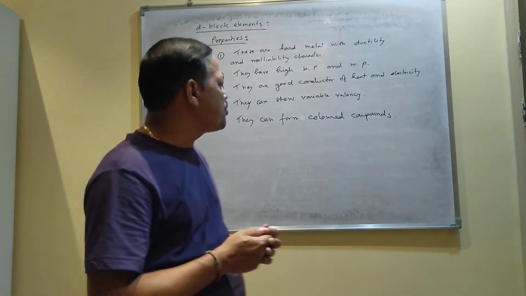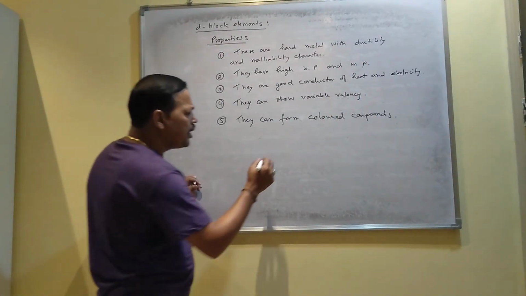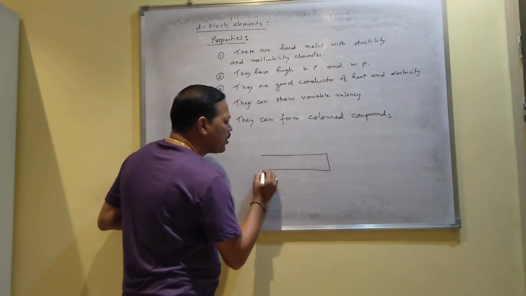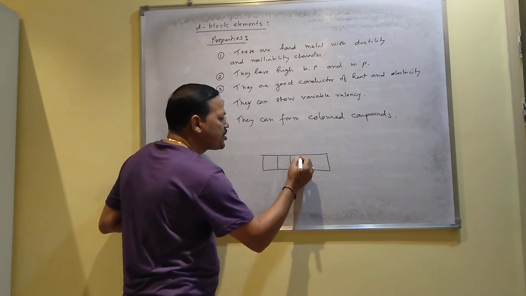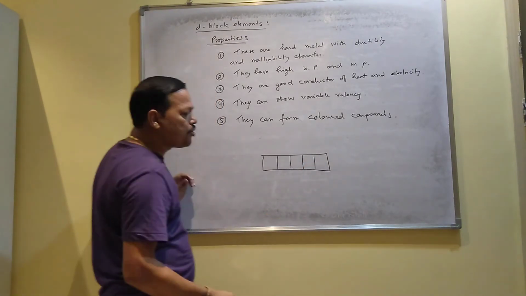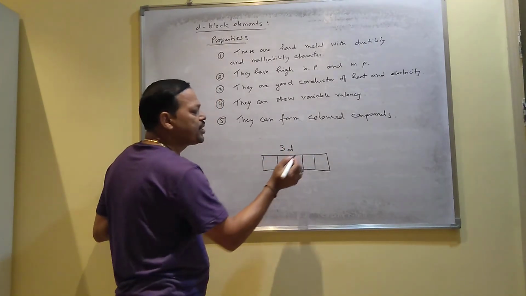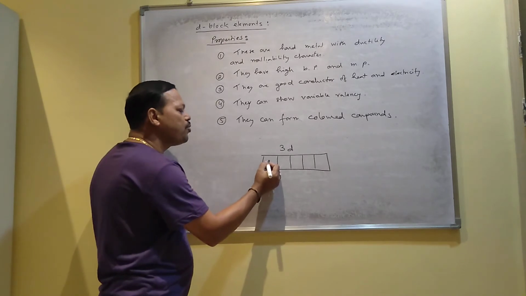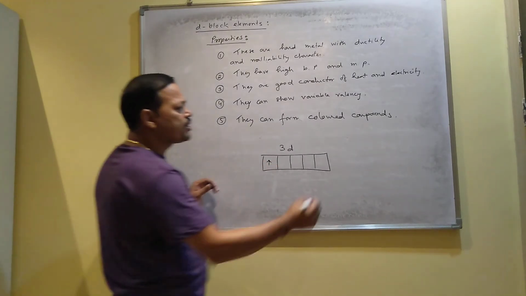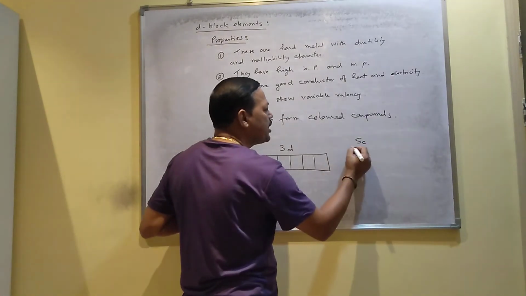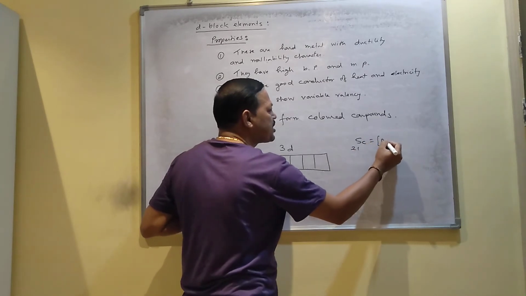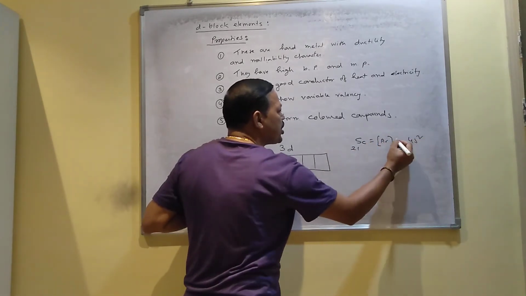What is dd electronic transition? As you know, the last electron of a transition metal enters the d orbital. Suppose this is the 3d orbital and someone contains 1 electron in 3d. For example, scandium is 21, its electronic configuration is argon 4s2 3d1.